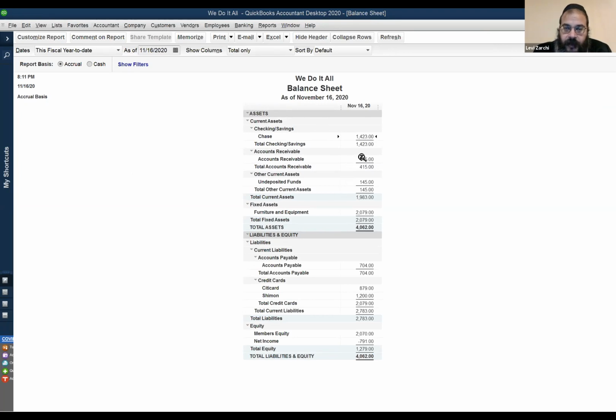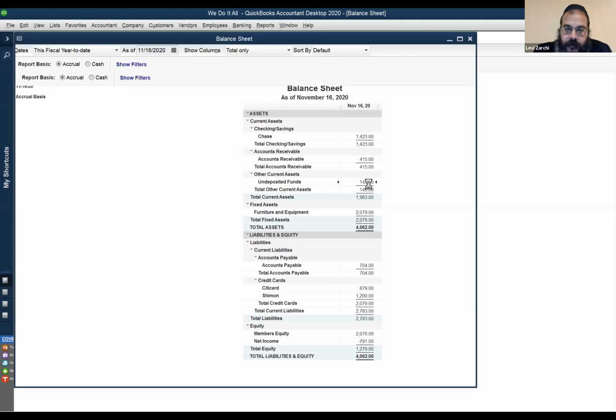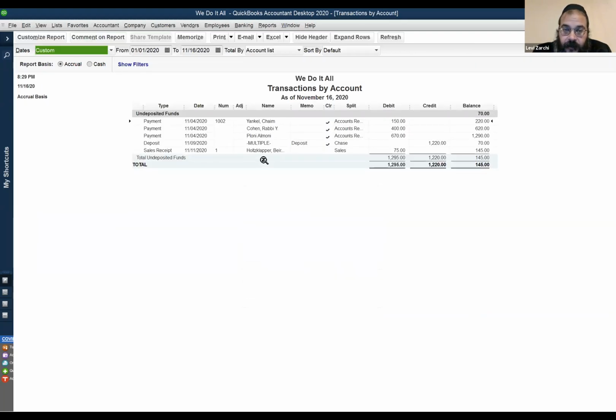We put the money in the bank, we made these receivables, we have undeposited funds, right? We didn't deposit yet in the bank, Holtz Klopper's money. And we also started off the year with $70 undeposited. If you remember, we backdated, and there's a very important reason why I'm doing that.